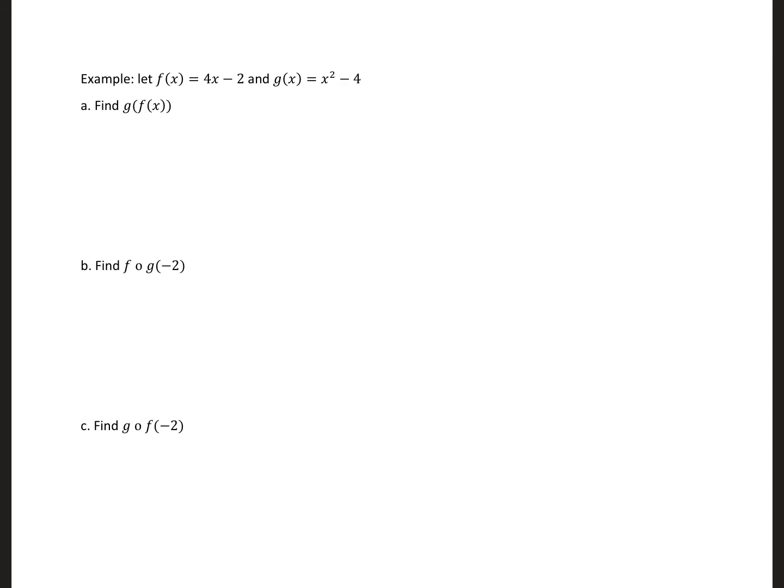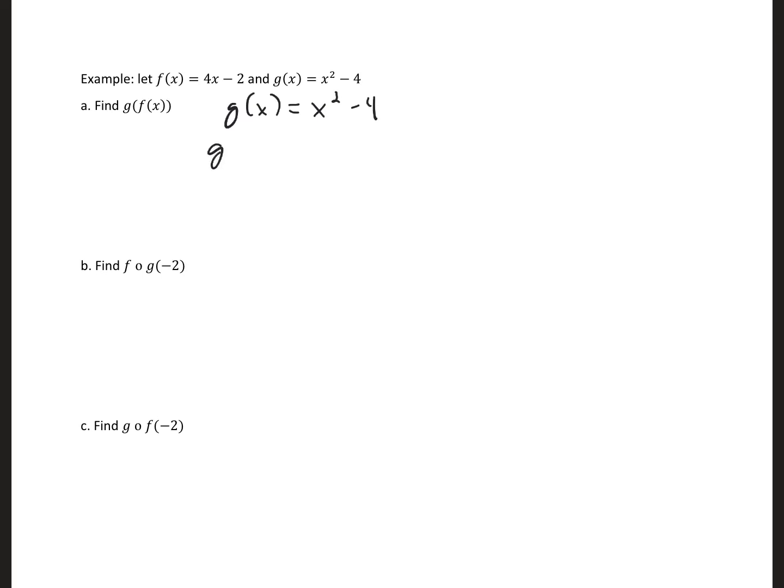Let's do that again with a few different functions and then talk about inputting values. So here I'm given f of x equals 4x minus 2 and g of x equals x squared minus 4. So in part A, we want to find g of f of x. So I'm going to start with the fact that g of x is x squared minus 4.